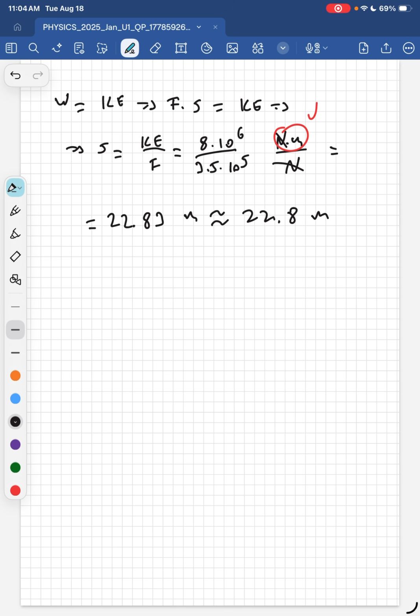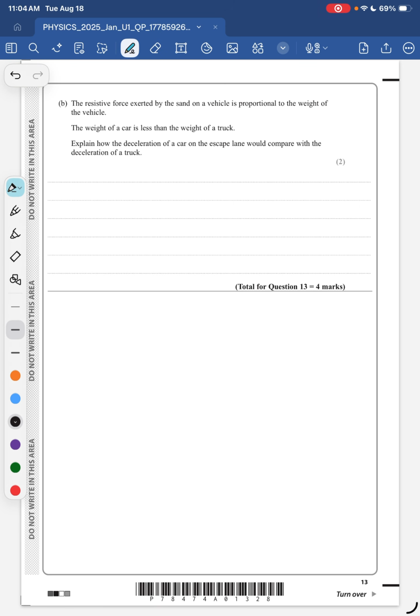Okay, moving on. Part B, the resistive force exerted by the sand on a vehicle is proportional to the weight of the vehicle. The weight of a car is less than the weight of a truck. Explain how the deceleration of a car on the escape lane would compare with the deceleration of a truck.